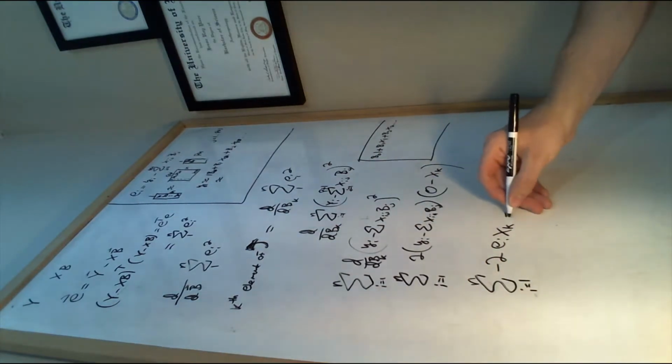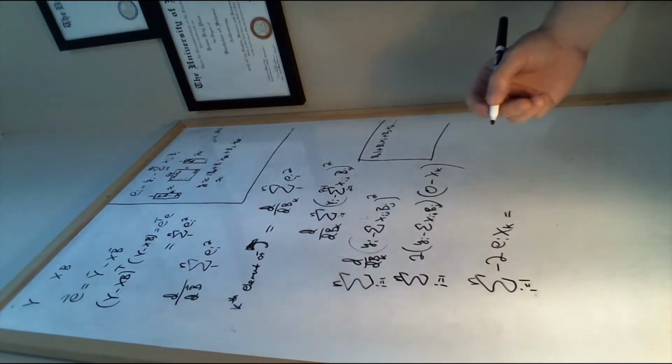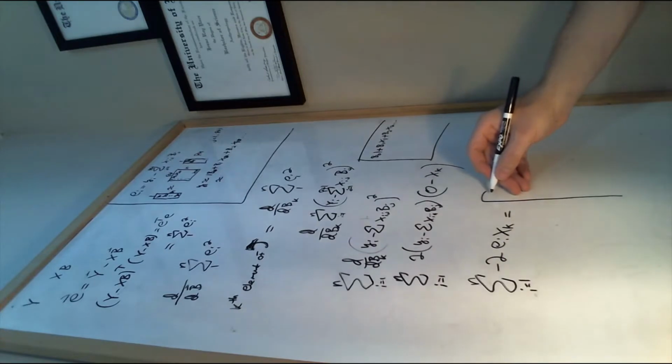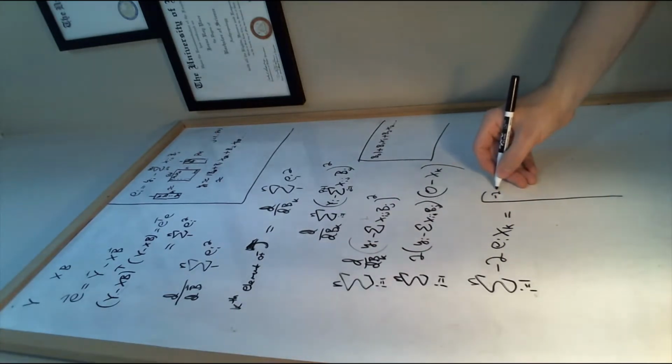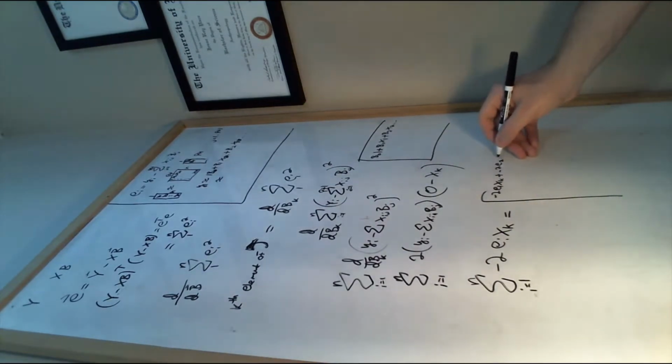So that means that for this first element of a vector, this first element of a vector is minus 2 times e_1 x_k plus minus 2 times e_2 x_k, right?